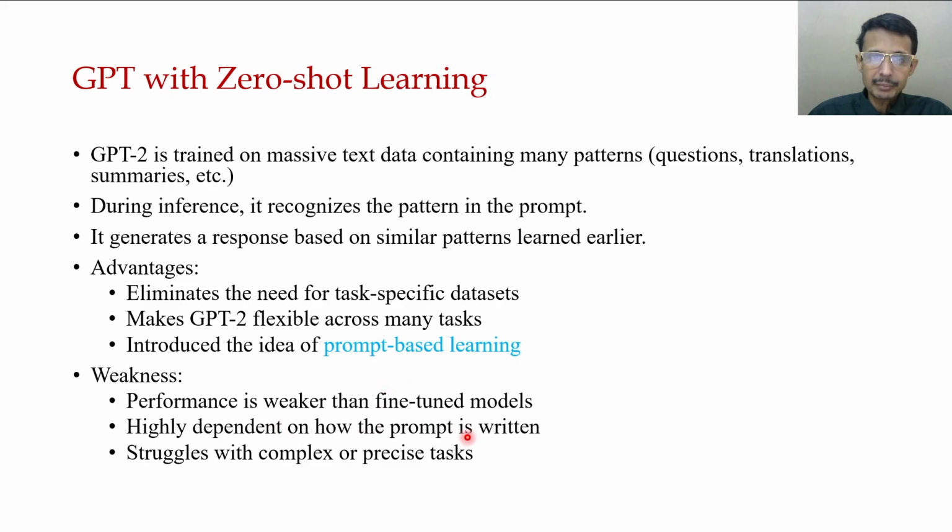They are highly dependent on the prompt. That means if we write a very efficient prompt, then it is very useful, but if the prompt is very weak, then it may not work as intended, and it struggles with complex or precise tasks. So these are the GPT zero shot learning capabilities.